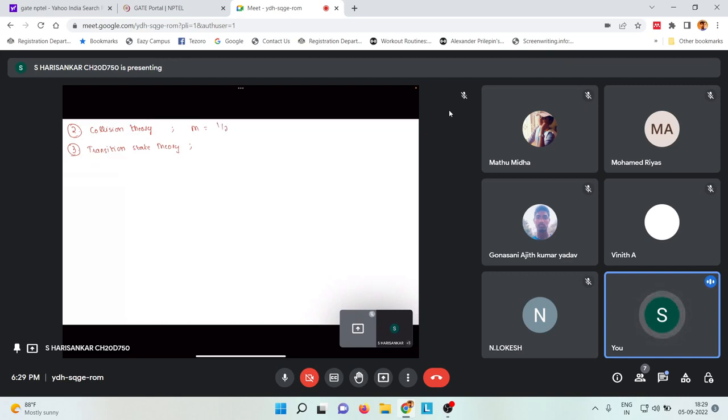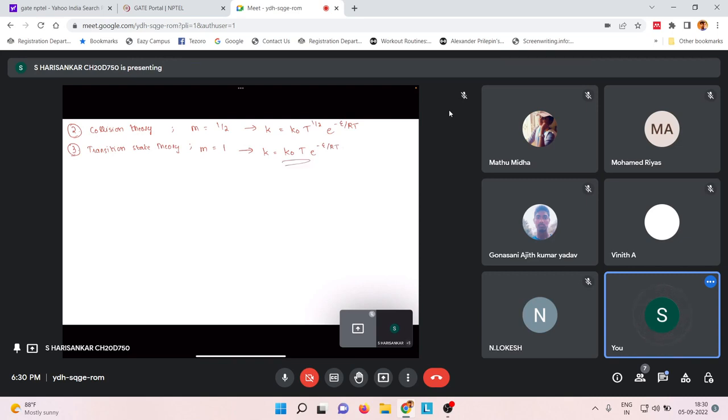And for transition state theory, it says that m is equal to 1. Okay, so that means if you write the rate constant in terms of collision theory, it will be k is equal to k0 T raised to m, which is 1 by 2, then e raised to minus E by RT. And according to transition state theory, k will be equal to k0 T raised to 1 because m is 1, e raised to minus E by RT.